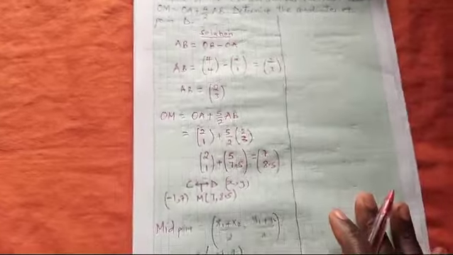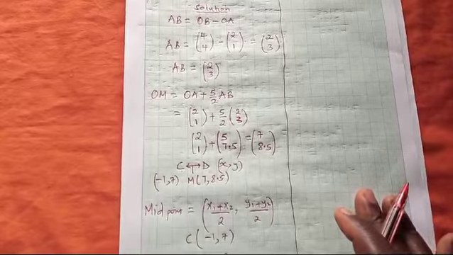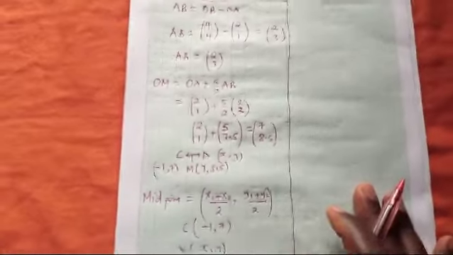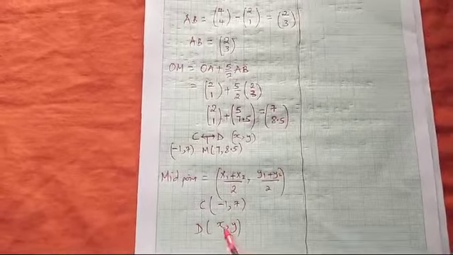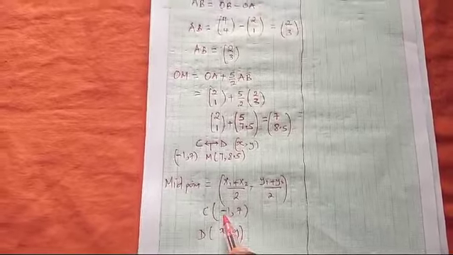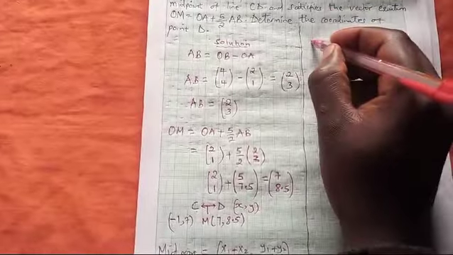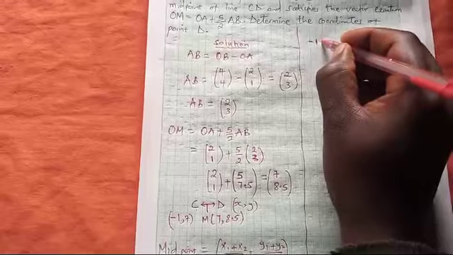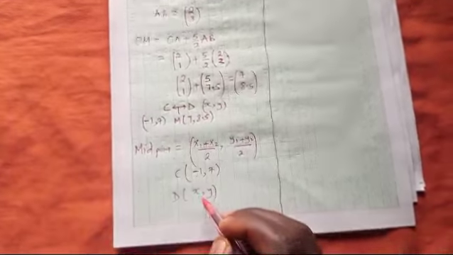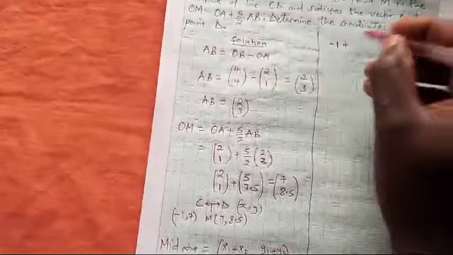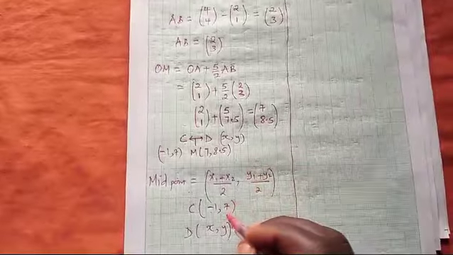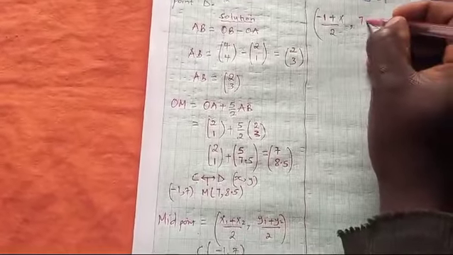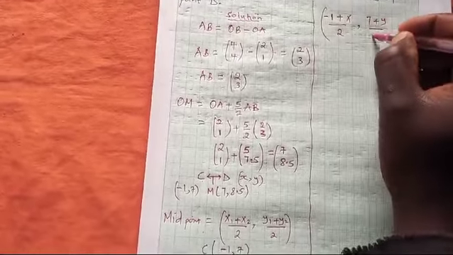X1 is -1, so we have -1 plus x, divided by 2, then comma, y1 is 7 plus y, divided by 2.